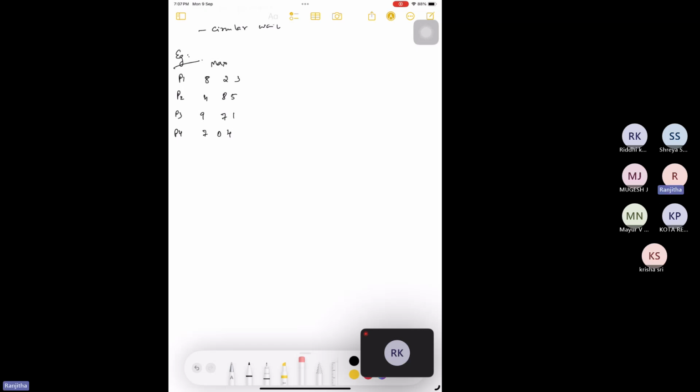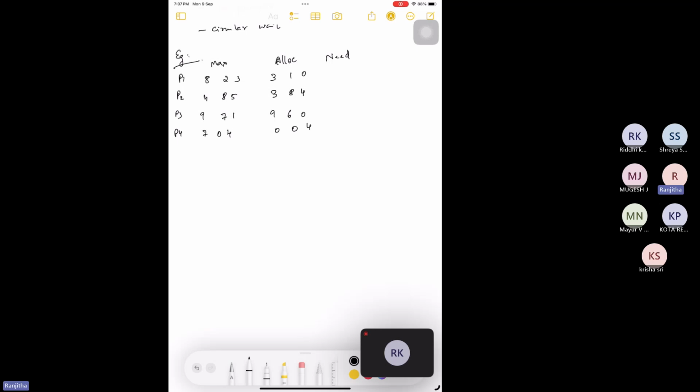Currently allocated is 3, 1, 0, 3, 8, 4, 9, 6, 0, and 0, 0, 4. Need is how many more each of them requires.